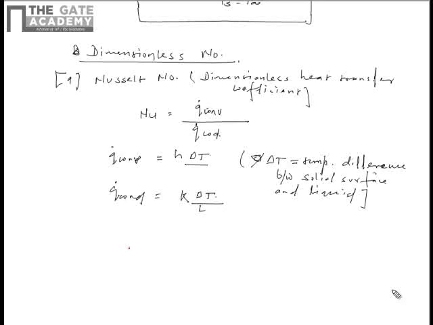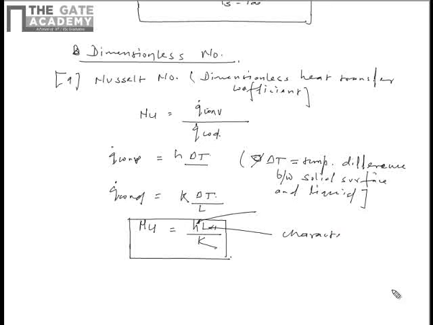So if we take the ratio of these two, we will get Nusselt number is equal to HL upon K. H is, as usual, the convective heat transfer coefficient. L is known as characteristic length, and it is defined as 4 times cross sectional area upon weighted perimeter.